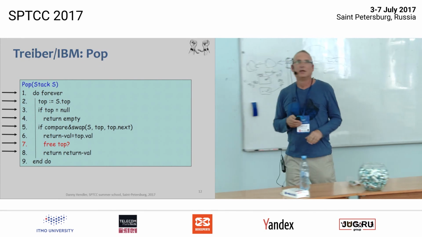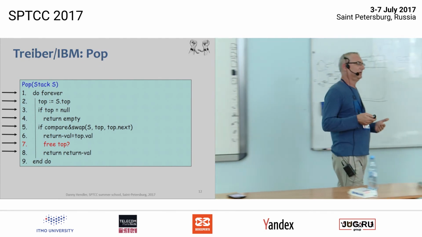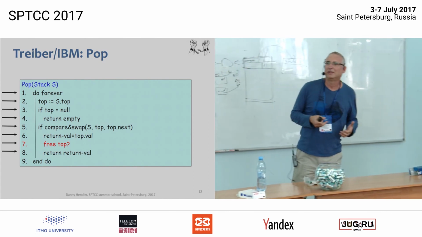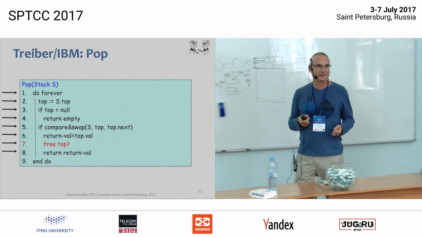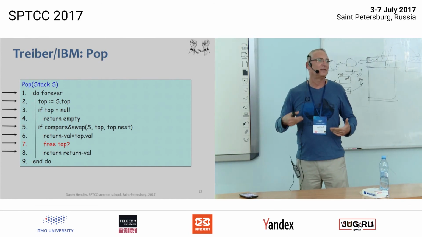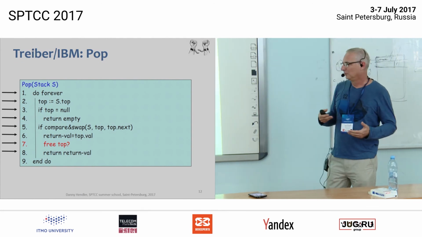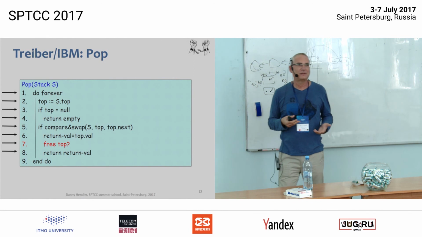Okay, great. But now we should ask ourselves about this algorithm, whether it is correct, or in what sense is the algorithm correct. Okay, it provides lock freedom, but does it really provide us with the semantics of a last in, first out stack?